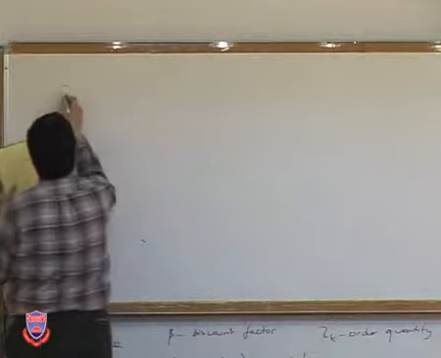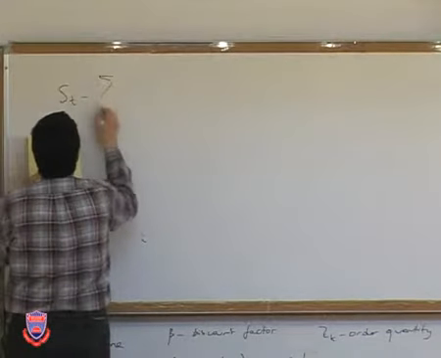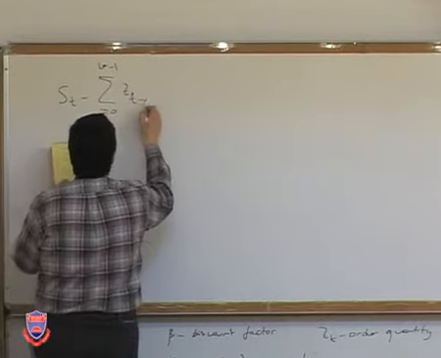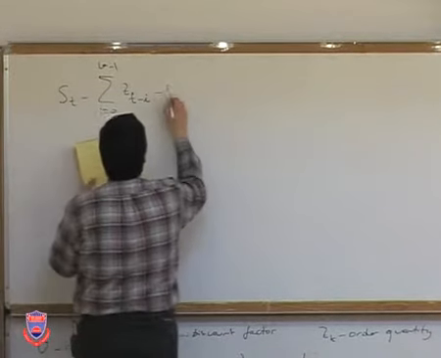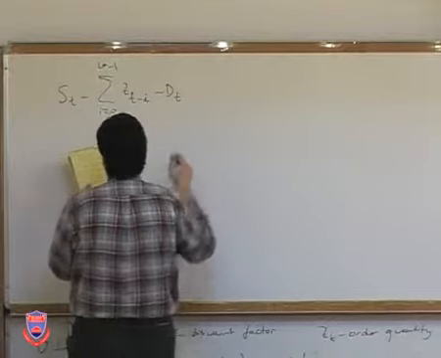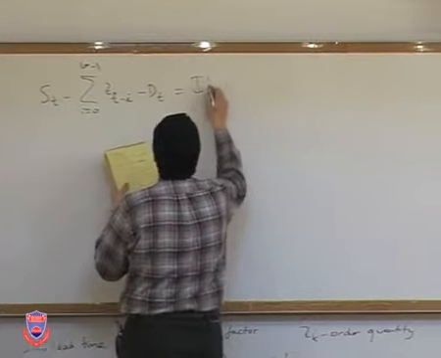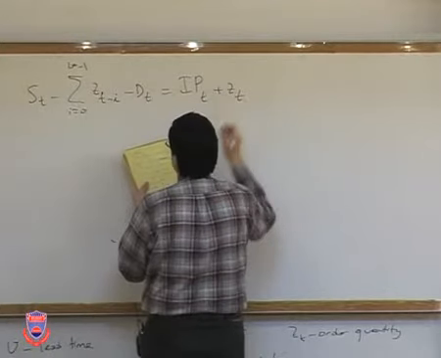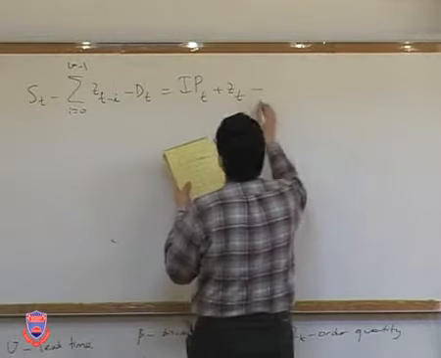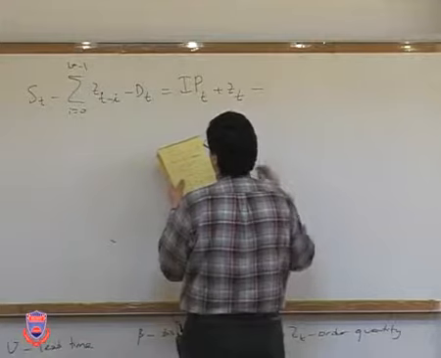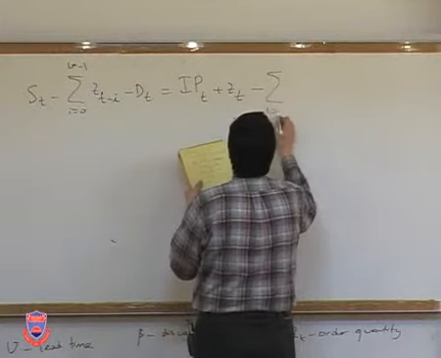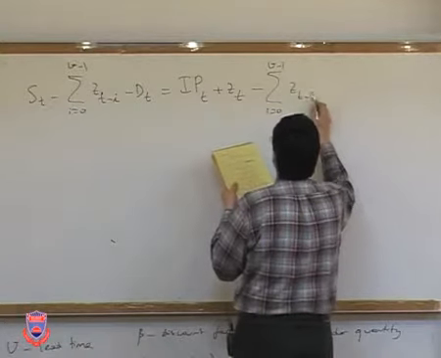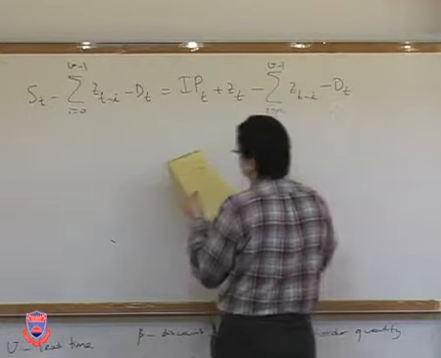I will now write St minus summation i from 0 to nu minus 1 of Z sub t minus i, minus Dt, which is actually equal to IP, the inventory position at time t, plus Zt minus summation i from 0 to nu minus 1 of Z sub t minus i, minus Dt.